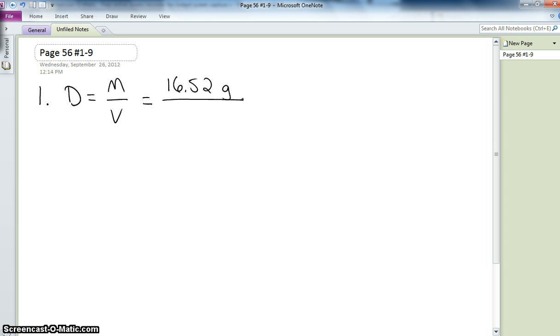It will help you find your units at the end. And then the volume. We go back and read. It says a volume of 2.26 cubic centimeters. So 2.26 cubic centimeters. If you plug that into your calculator, you will get 7.31 grams per cubic centimeter.